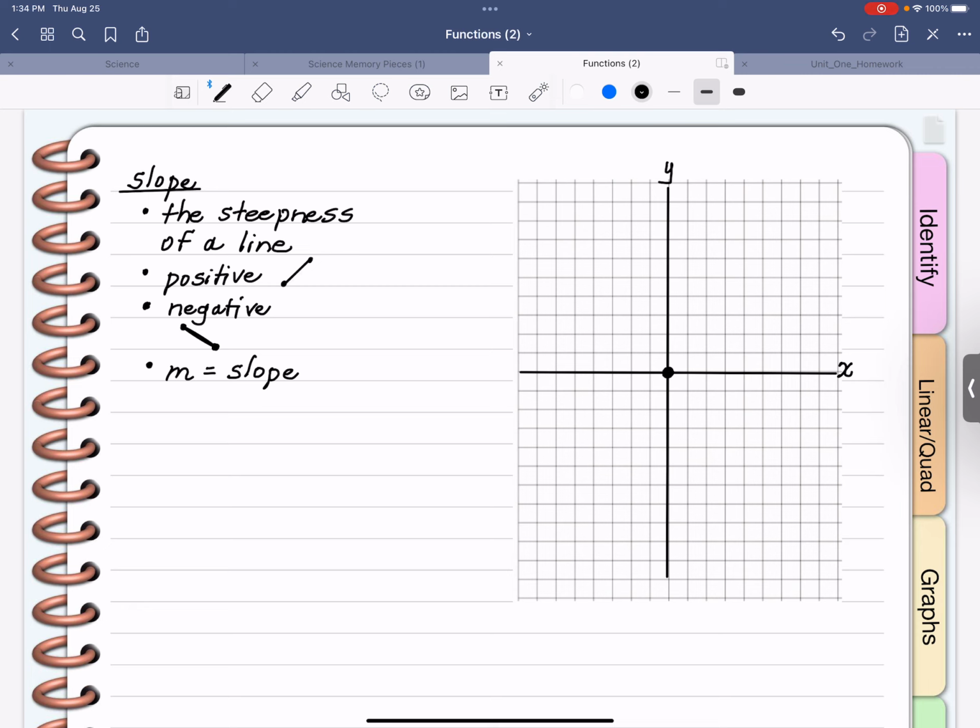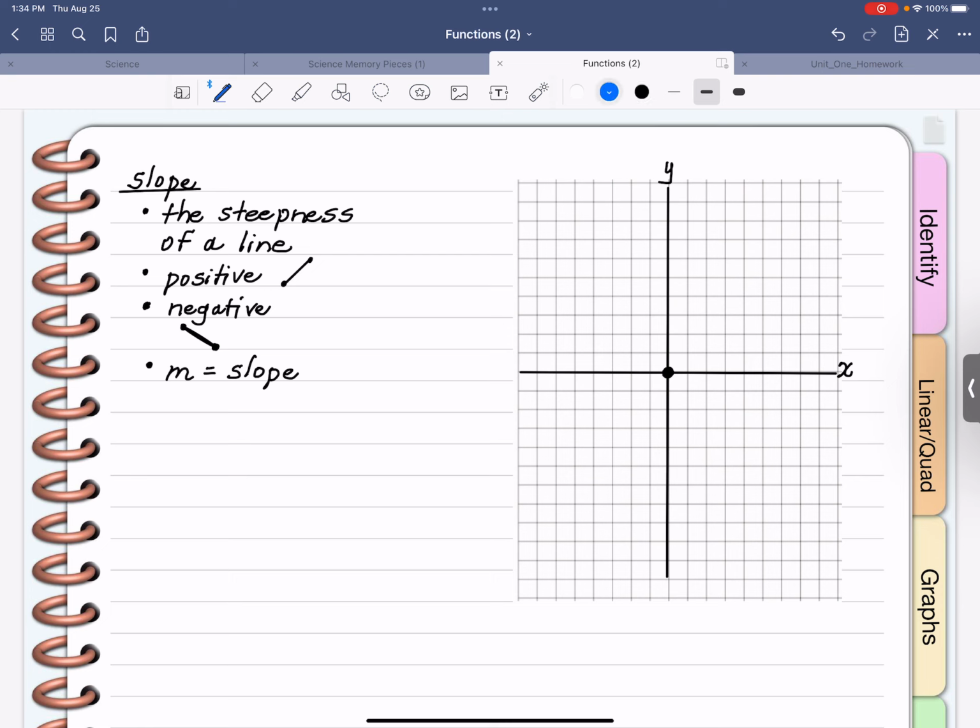That is 0, 0. Now, if you have no idea what I'm talking about with graphing, you need to stop this video right now and go back to your teacher and get some background before you try to do this. But if you're with me, we can take a step further.